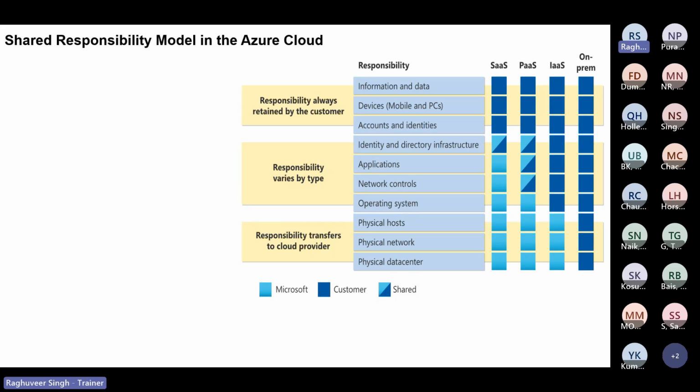So you will configure RBAC for identities based on the shared responsibility model.